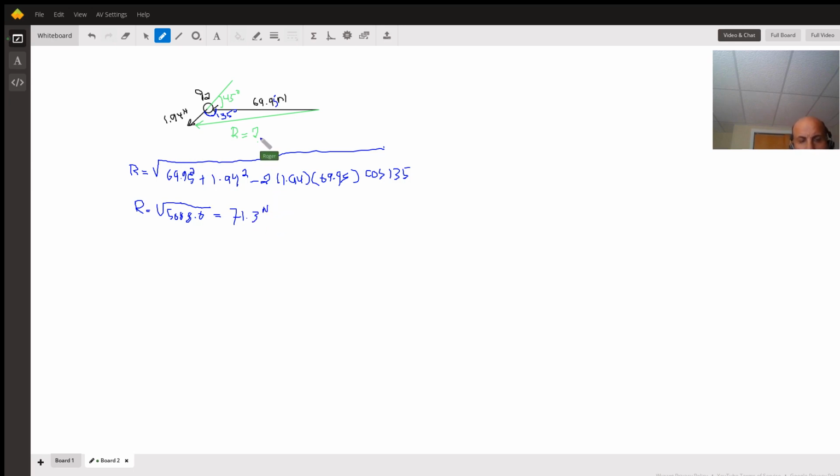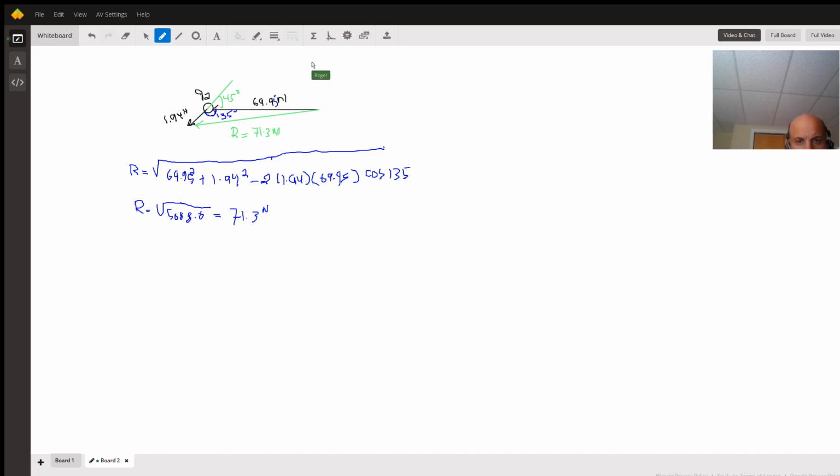So this value we found out to be 71.3 Newton. So we know the value, but we need to know the direction. Well, the direction is measured from where?